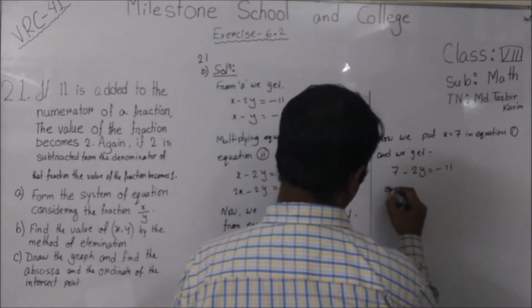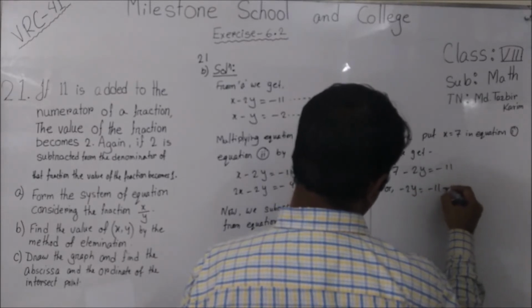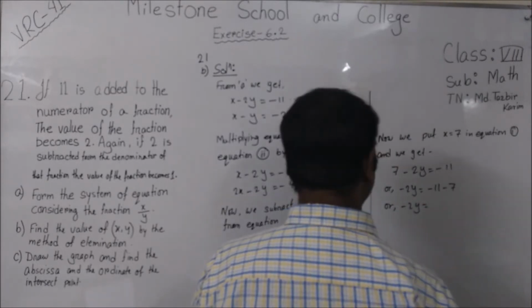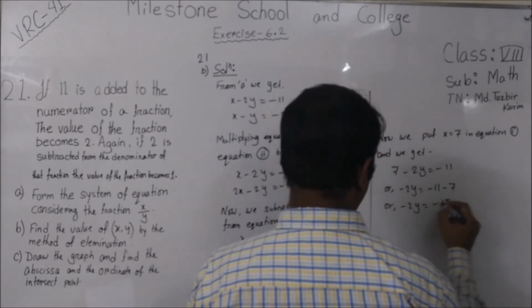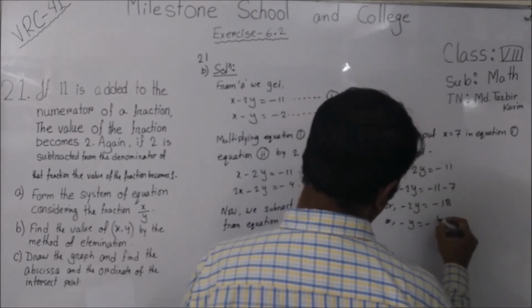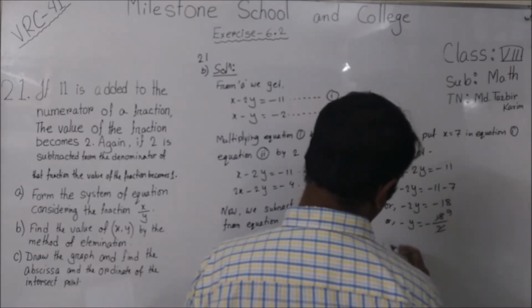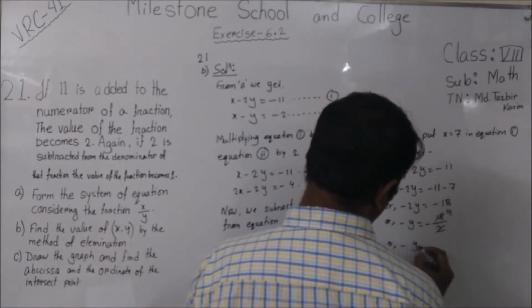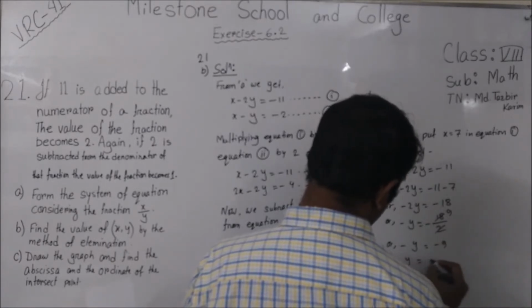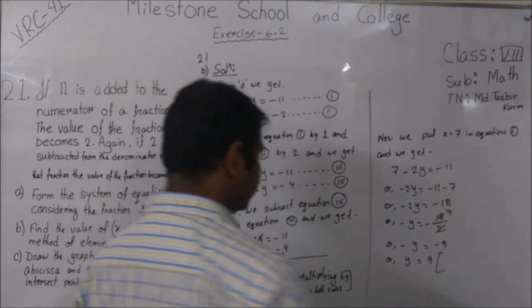Or minus 2y equal to minus 7 minus 11, or minus 2y equal to minus 18, or minus y equal to minus 18 by 2. Simplify, you get minus y equal to minus 9, or y equal to 9. You have to write multiply minus 1 on both sides.